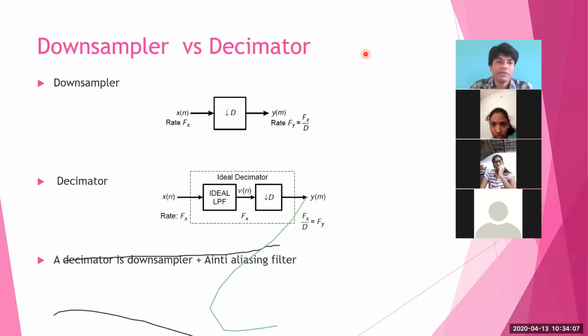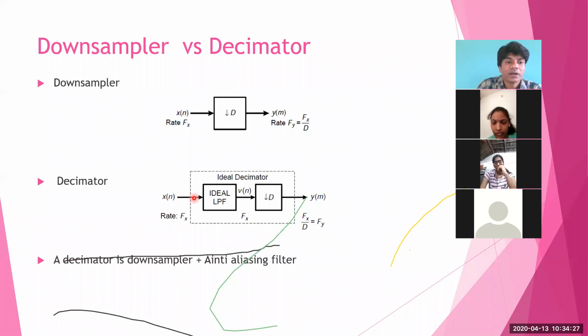That means if any frequency components of the input do not meet the Nyquist criteria, then aliasing will occur, spectral overlap will take place and distortion will come.